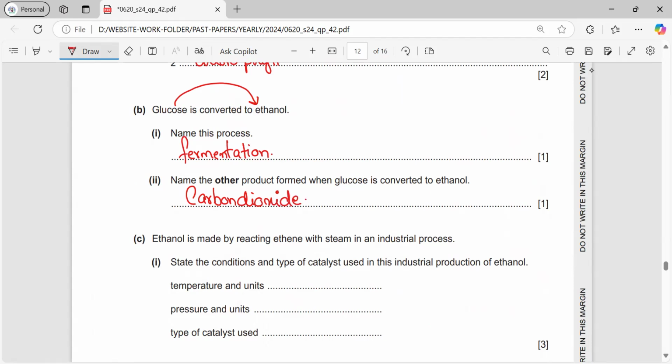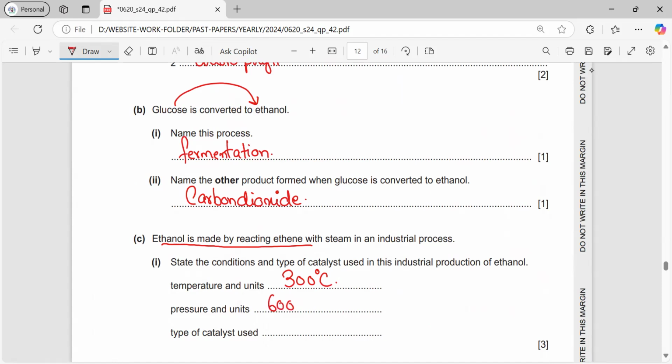Ethanol is made by reacting ethene with steam. This is also another way. This is another way to prepare ethanol by reacting ethene with steam, which is the catalytic addition of steam to ethene. Now we have to write the conditions for it. For this reaction, the temperature and the units. The temperature which we use in this process is 300 degrees Celsius.